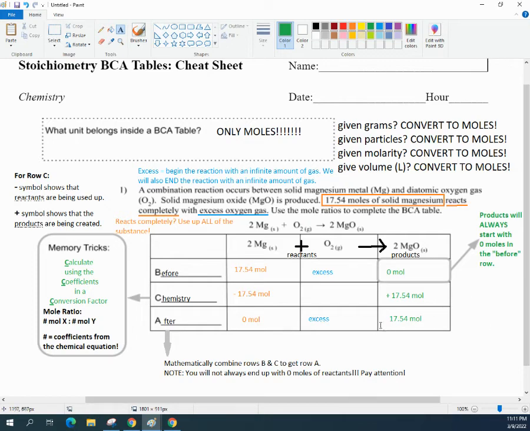So the last thing that we need to do is this box right here in the center. Special thing about this box is that now is the first time we actually have to do dimensional analysis. So as long as you understand how a BCA table works, you understand simple addition and subtraction, and you understand the relationship, that mole ratio between those substances, you actually don't have to do a whole lot of dimensional analysis.